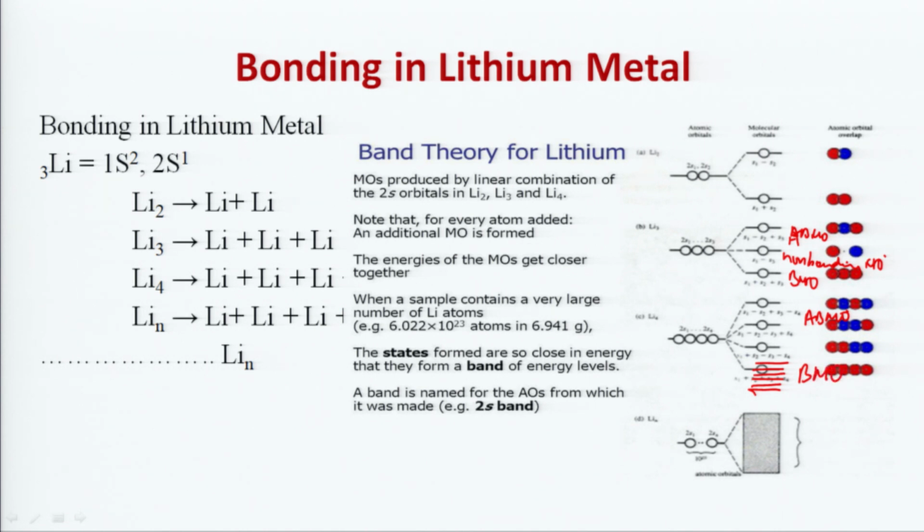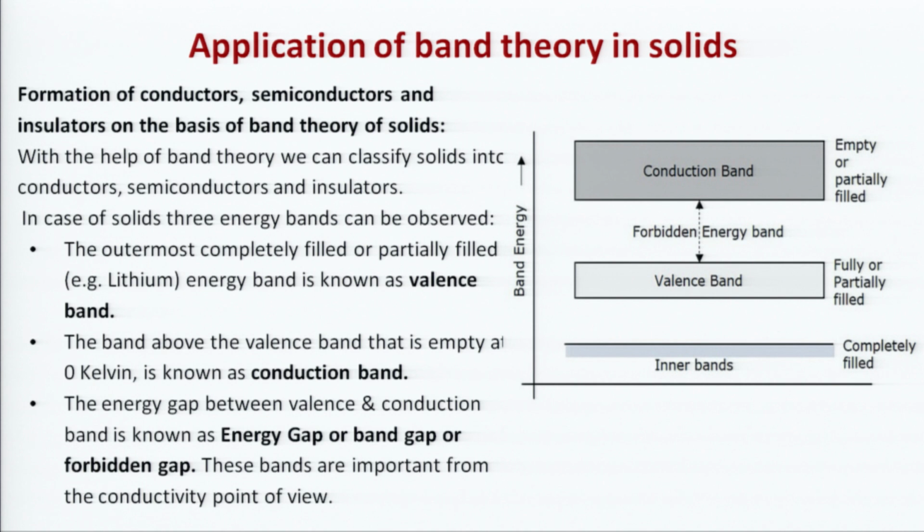And if there is an odd atom, then in that case a non-bonding MO would be there, which will appear as an overlapping region, and therefore the electrons won't have much of an energy gap between the BMO and the ABMO, and hence they will be able to jump across to the conduction band from the valence band with a lot of ease.